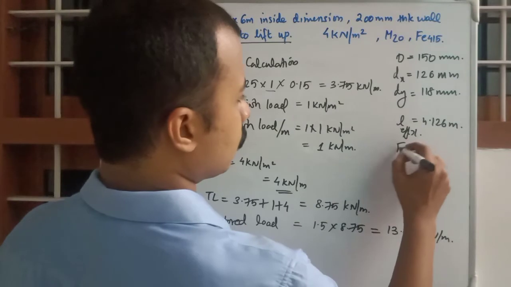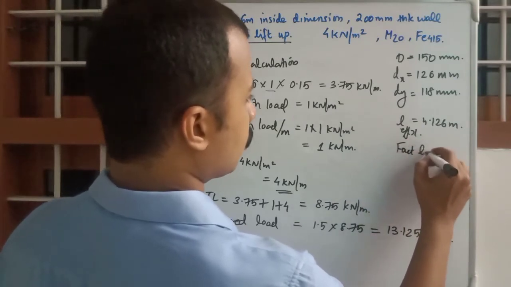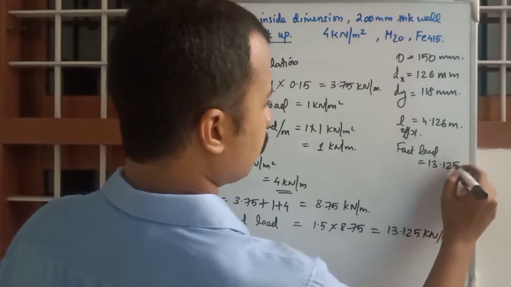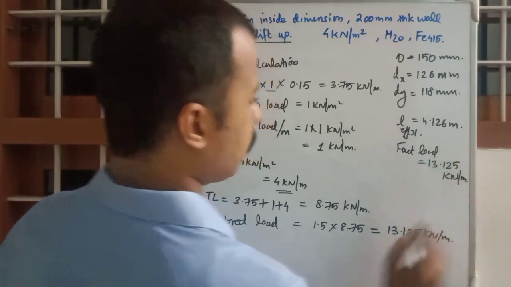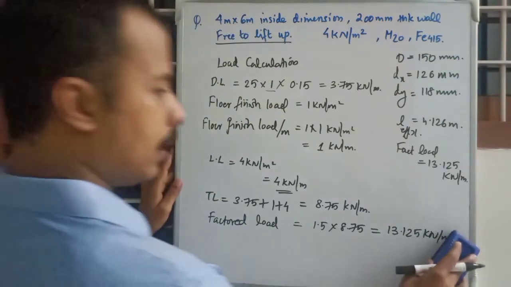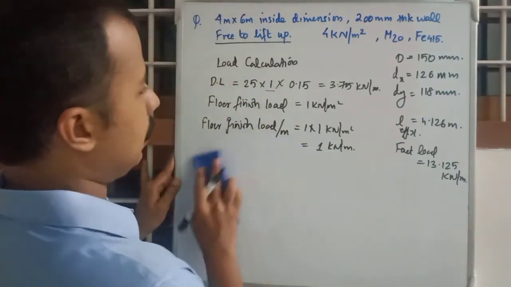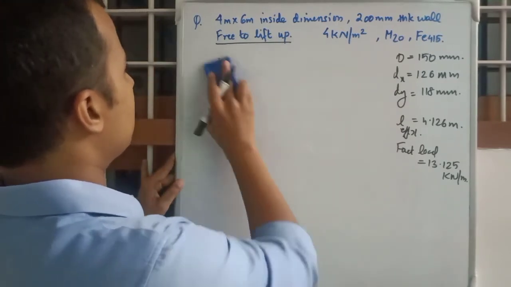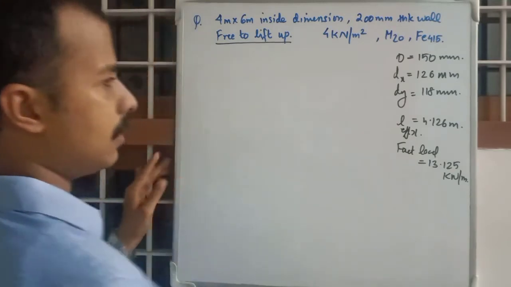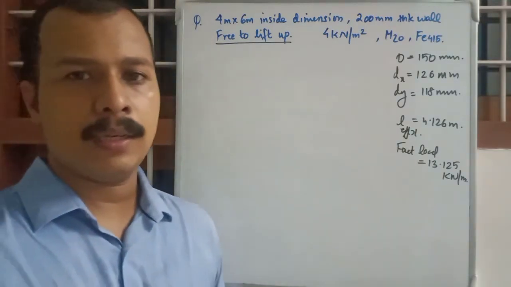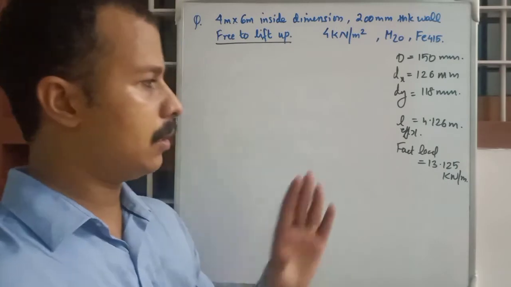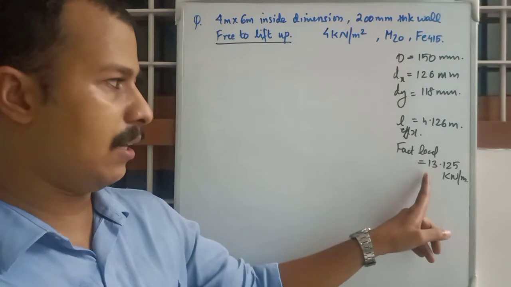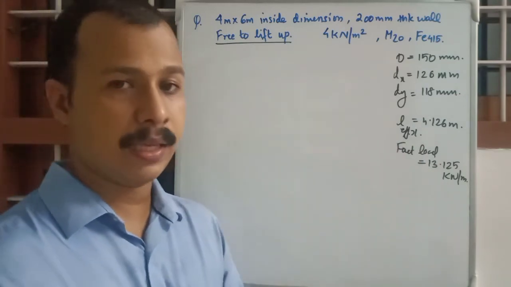Factored load, 13.125 kilonewton per meter. Okay, now for two-way slab we will take a different approach than what we have learned for other types of beams or slabs. So we have all these details: dx, dy, effective span, factored load of 13.125.